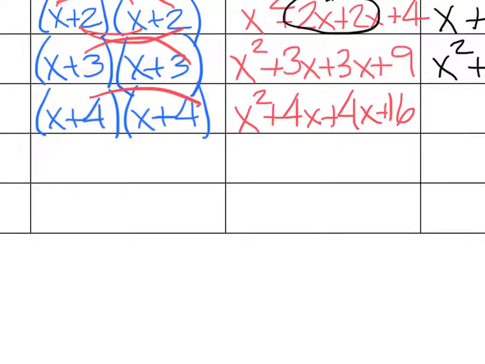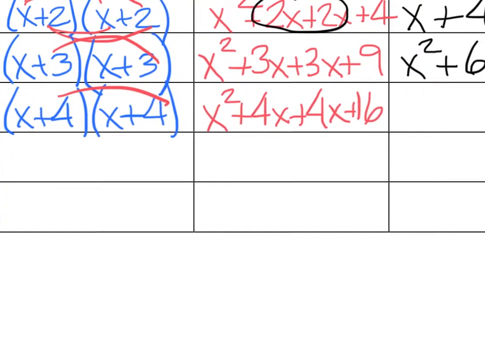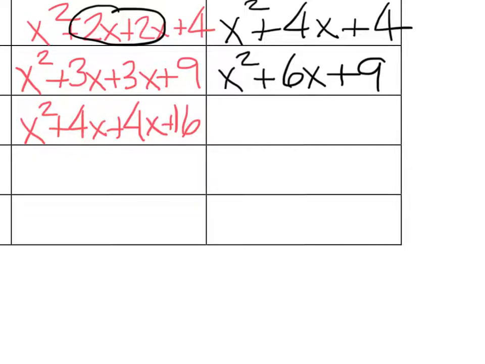Yes, 4 times 4 is 16. When I simplify, what do I come up with? That's right, 8x, or x squared plus 8x plus 16.